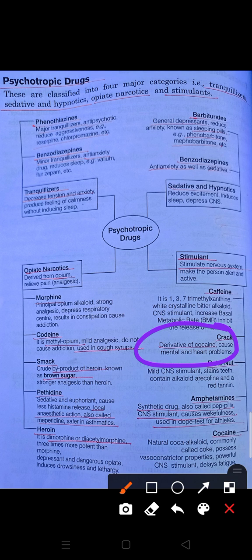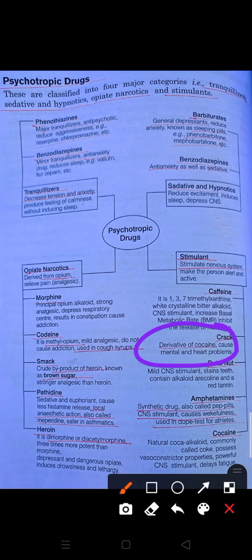When smoked, it results in an intense high. Drugs taken in smoked form are highly intensive, and adaptability and dependency can develop in only 2 weeks. If a person is taking crack in smoking form, only 2 weeks and they get dependent on it. It's an extremely addictive type of drug.